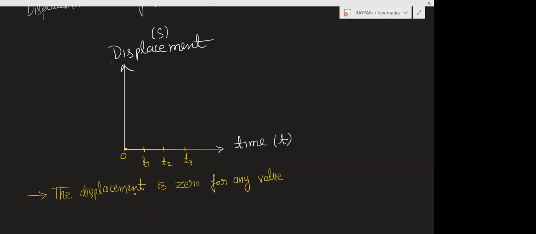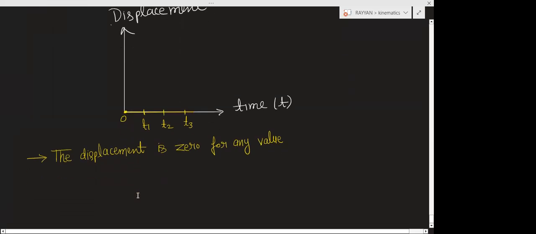So what can you say? What is the example of this graph? This motion, time changes, but the displacement is 0. That is, the body should be at rest or with no displacement. So you can conclude that the body is at rest.